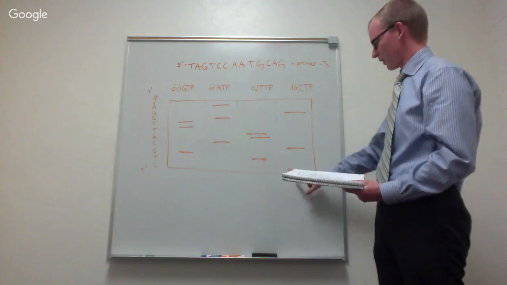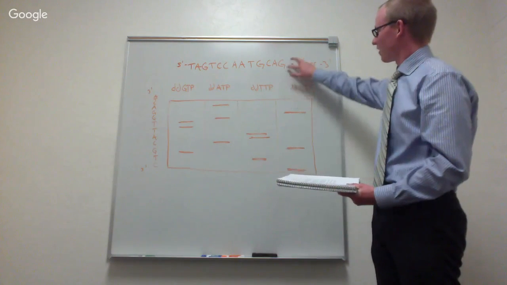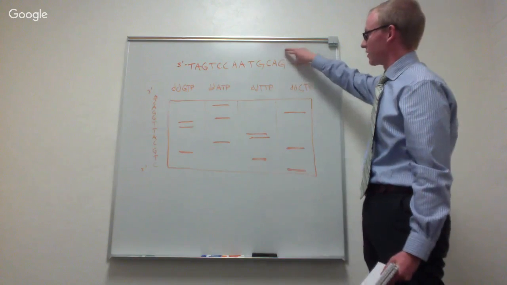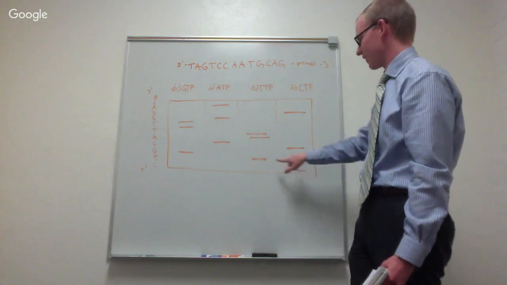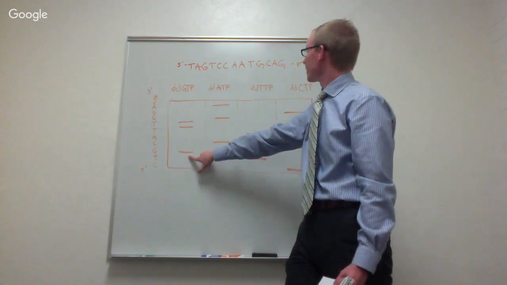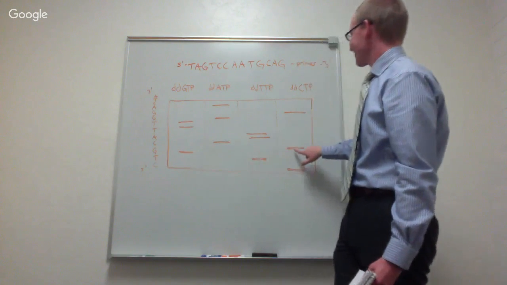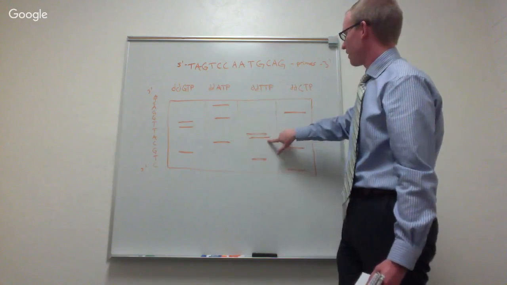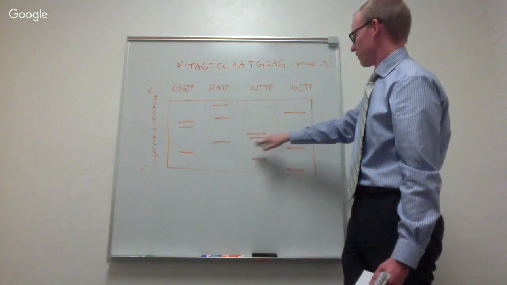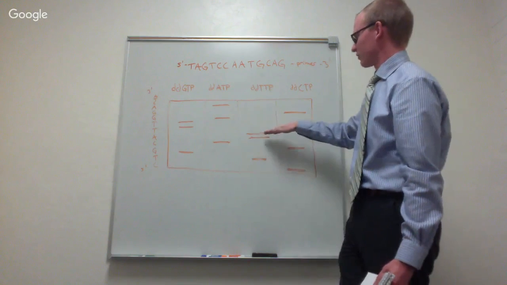At the very bottom, we start with the corresponding base to each of these. So we go C for the lowest band, a T, followed by a G, followed by another C, corresponding here with an A, then 2 T's, as we ascend the electrophoresis gel.